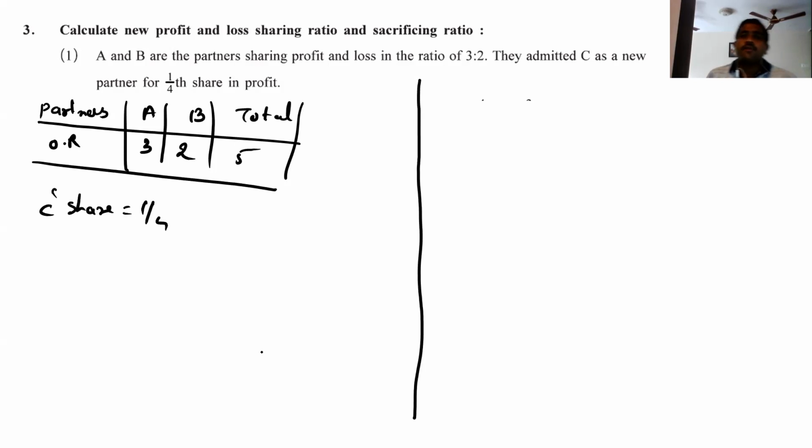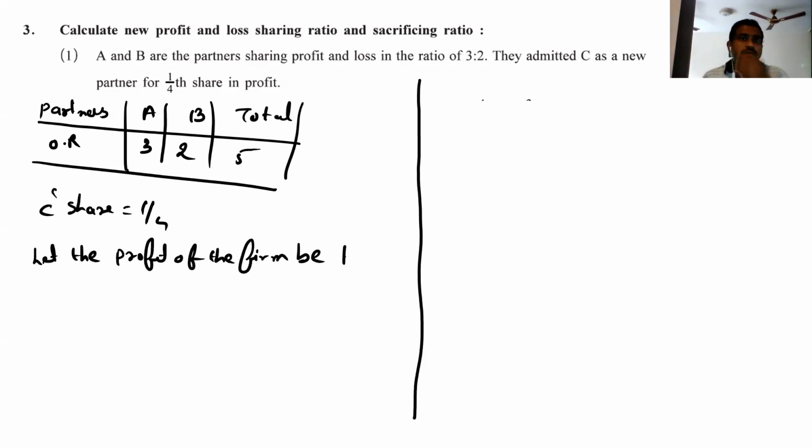What is C's share? 1/4. Now the question is who gives this 1/4? I already told you, when such a question arises and it is not clear, let the profit of the firm be 1.